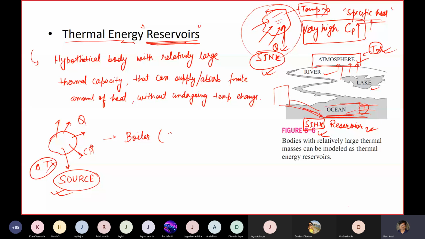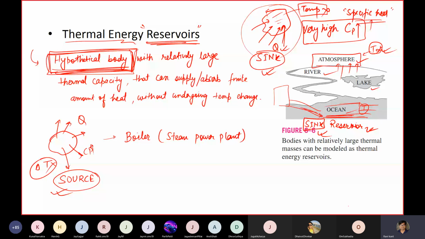Although these are hypothetical bodies, it doesn't actually occur, but in some sense they may be aligned towards a very high heat capacity. Ideally it is hypothetical, but yeah, it's there.